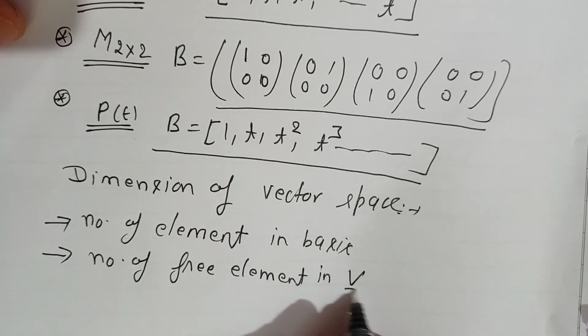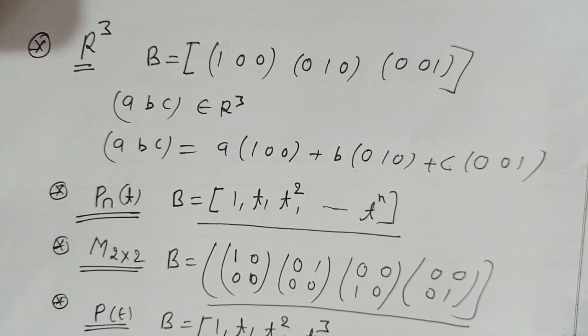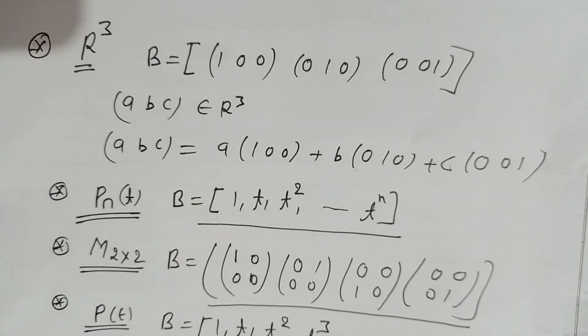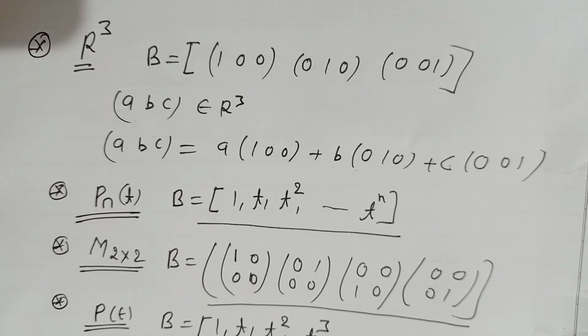Free elements in a vector space V. Free element means, if you take R3, there are 3 elements which are free. Free means if you take a fourth element, that fourth one will be a linear combination of these 3. This means it is the largest independent set.